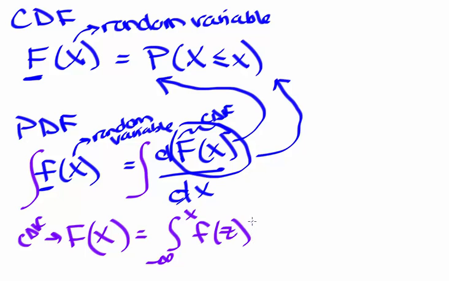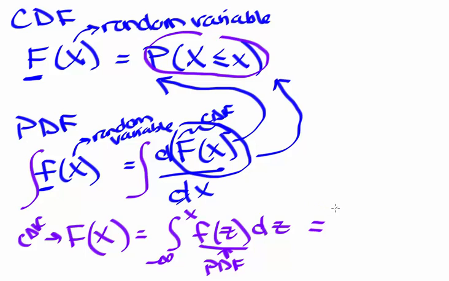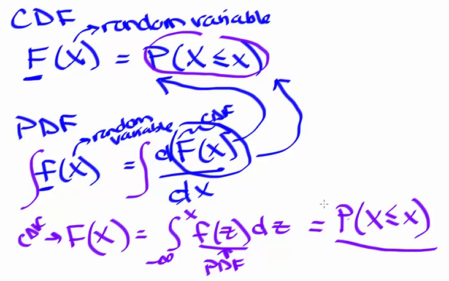In this case, we're going to use a dummy variable z. So f of z dz, and this is our PDF. So we can solve for probability using the relationship between CDF and PDF and the way that they're defined mathematically.